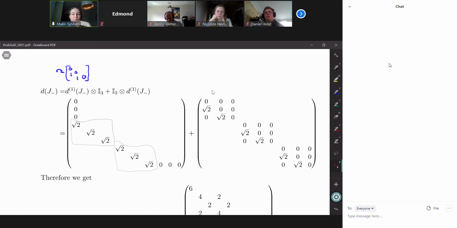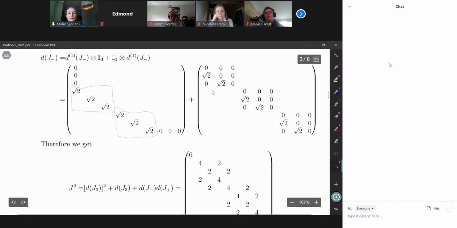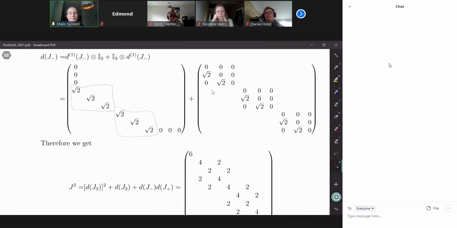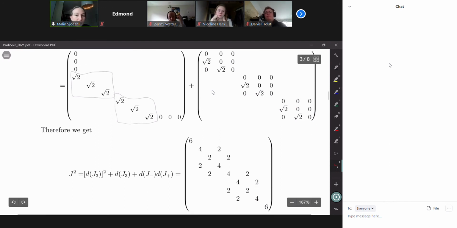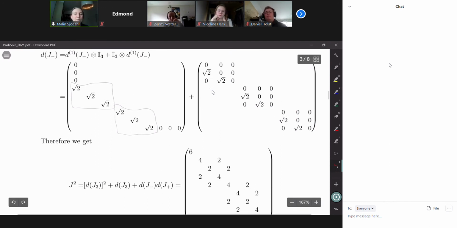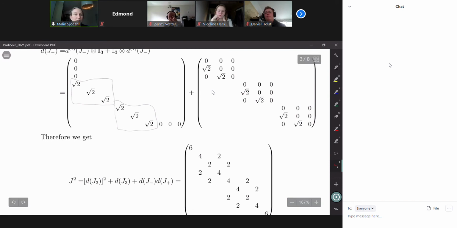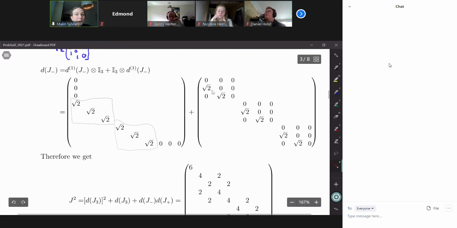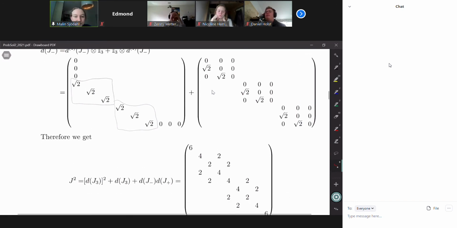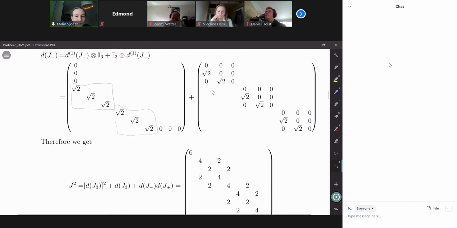Now, this implies a 9 times a 9 matrix. So it's a bit cumbersome, but it's not that hopeless, of course, because most elements are 0. Okay, we want to obtain j squared.